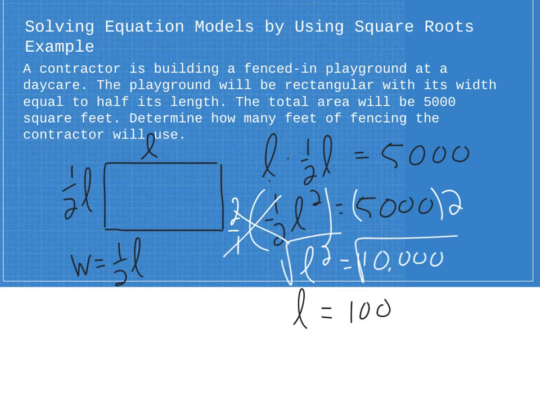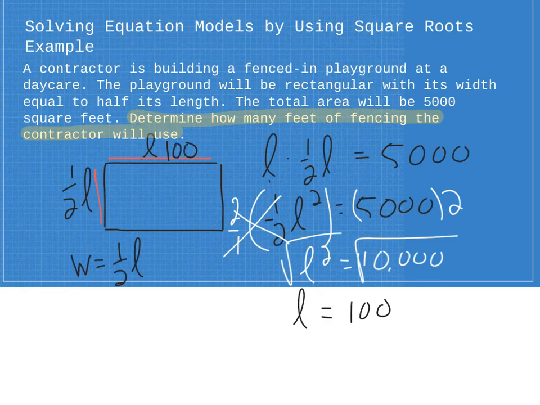But we got to pay attention to what the question was asking. And the question states, determine how many feet of fencing the contractor will use. So what we found is one length. And so we need to figure out what the width is. And since the width is 1/2 of our length, so this is going to be 100 for the length.